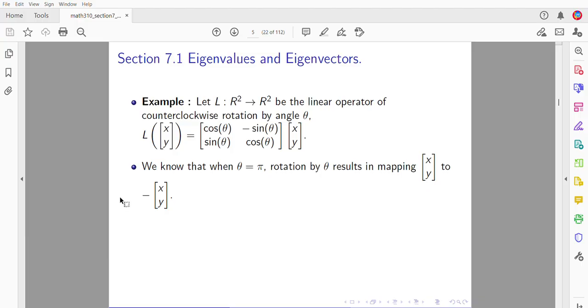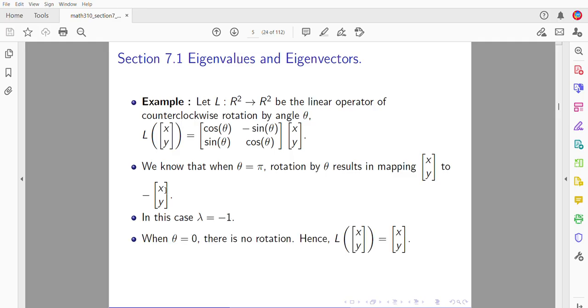In other words, lambda is negative 1. For this eigenvalue, every vector gets mapped to its opposite. On the other hand, when you don't rotate at all, then L of (x, y) is (x, y), that is lambda is positive 1. So negative 1 and positive 1 are two different eigenvalues.